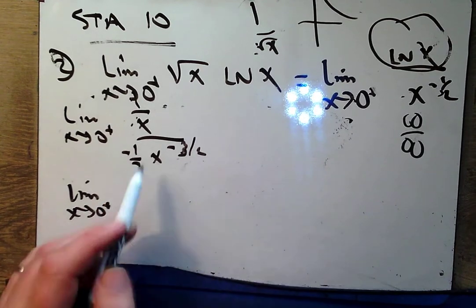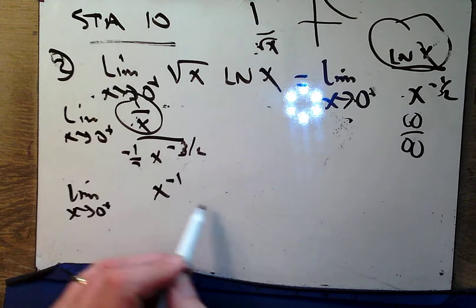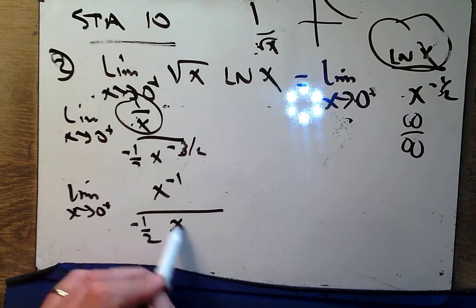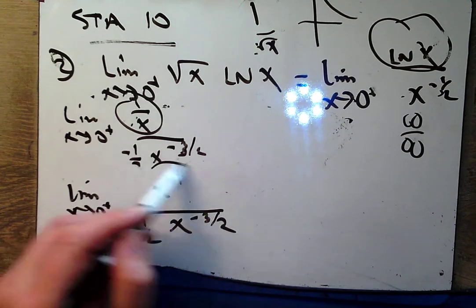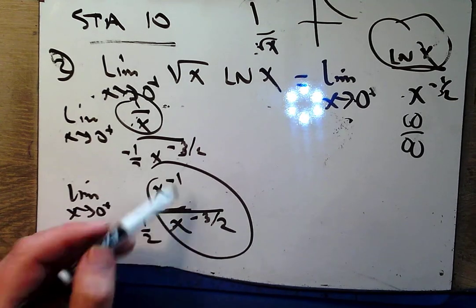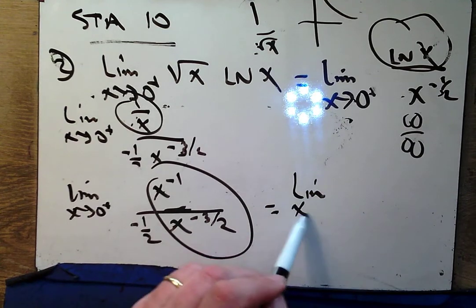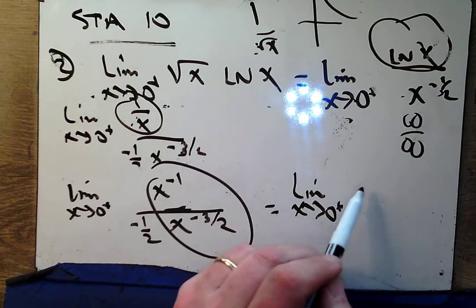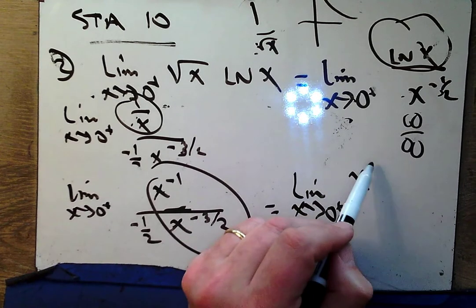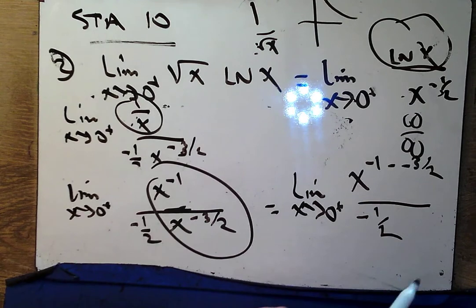Let's do it this way. Let's turn that into x to the minus 1. x to the minus 1, negative 1 half, x to the minus 3 halves. See, that's what I'm trying to get at. And I'm dividing, and the bases are the same. I subtract the exponents, and so now I'm going to have the limit as x heads to 0 from the positive. So x to the minus 1 minus minus 3 halves over negative 1 half.